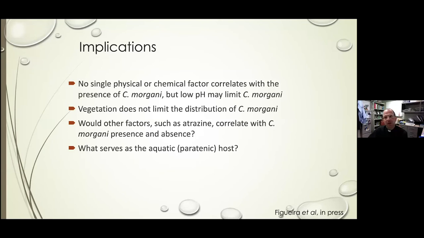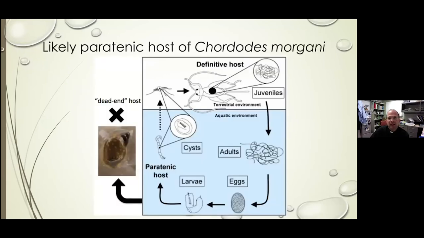And then, of course, the other question we have is if the terrestrial insect doesn't limit the distribution, maybe the aquatic paratenic host does. And so we want to know what that is. The paratenic host is a technical term, saying that it's transferring the parasite from one environment, the aquatic environment, into the terrestrial environment.